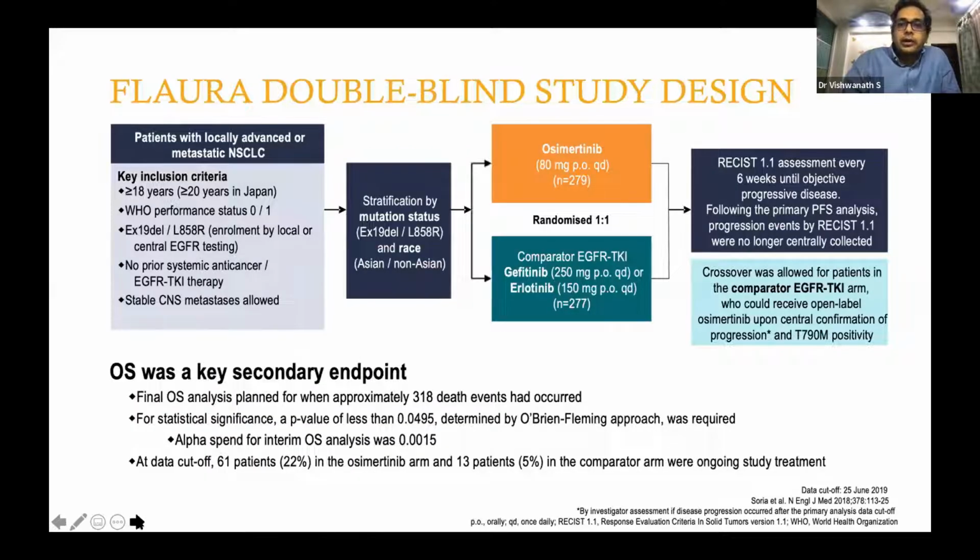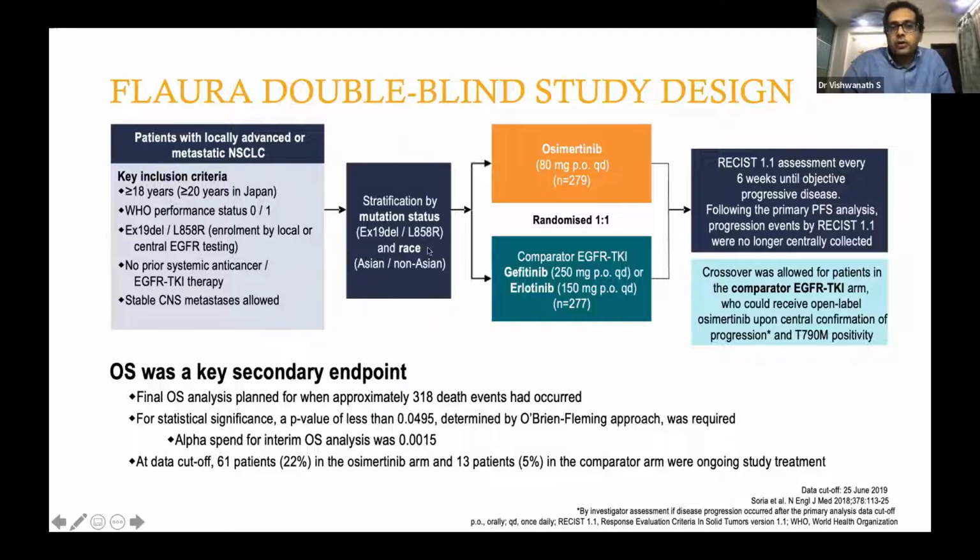So the FLAURA trial, this is the inclusion criteria: patients 18 years or over and good performance status, exon 19 deletion or the L858R, and no prior systemic anti-cancer therapy, and stable CNS metastasis was allowed.